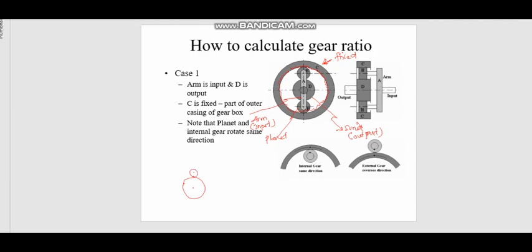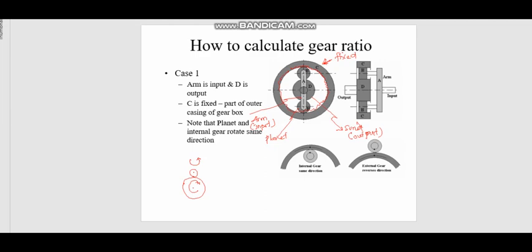So if the sun rotates clockwise, the planet gear that meshes with the sun gear will rotate in the opposite direction, right? So if this is clockwise, then this will rotate counterclockwise, right?